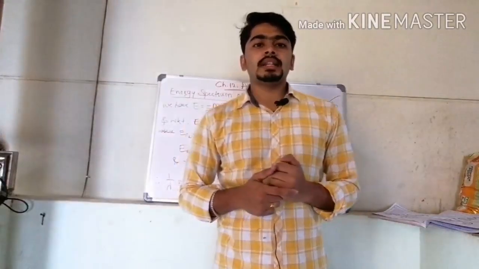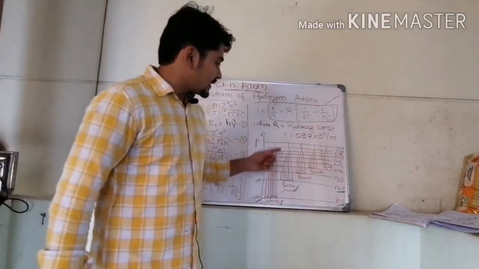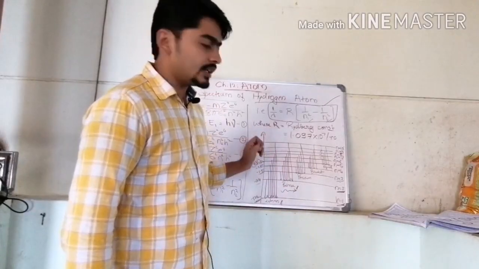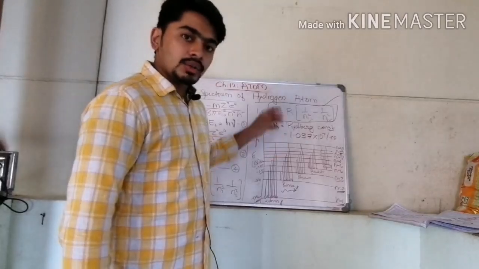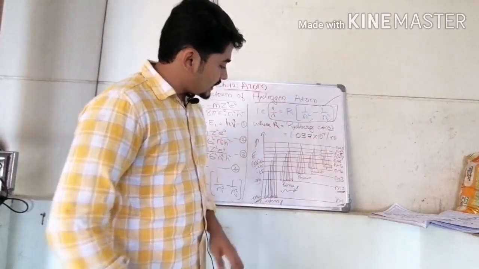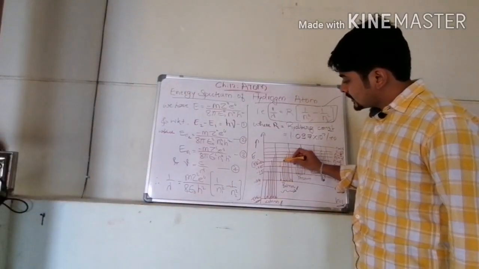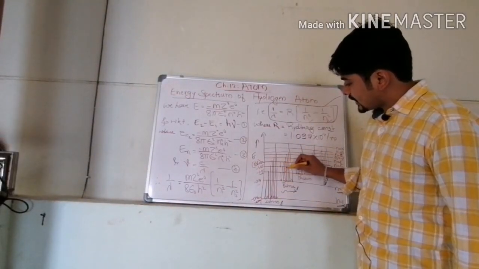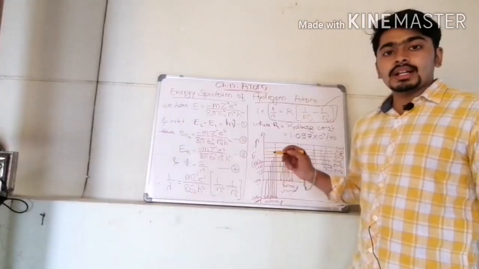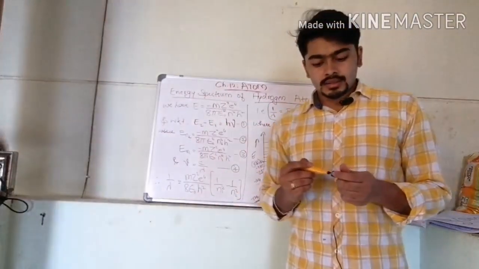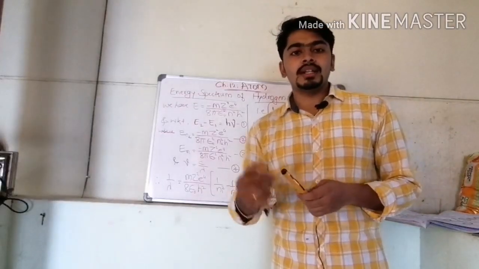Another thing, he has explained the line emissions given here, but according to the atomic spectra, there are some more fine lines between these energy levels. Those fine line structures cannot be explained with the help of Bohr's atomic model. These are some of the drawbacks.